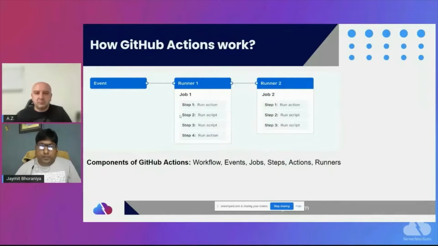A runner here means a GitHub server that will execute these different jobs. Every job will have different steps, and steps will have some actions or a shell script. In the next steps, I will show in detail how these components work.